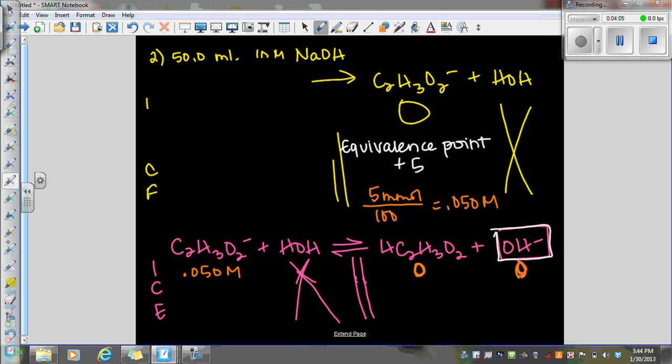Okay, so now this is going to be like what we did before when we were calculating the concentration of a salt solution. My product side goes up by x, reactant side goes down by x, so I have 0.050 minus x, x, and x. Now, because I have the hydroxide ion here, that tells me I am going to need to use a Kb.